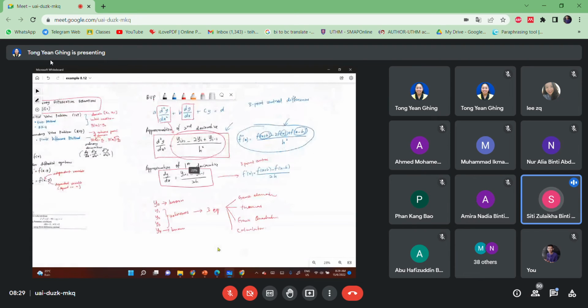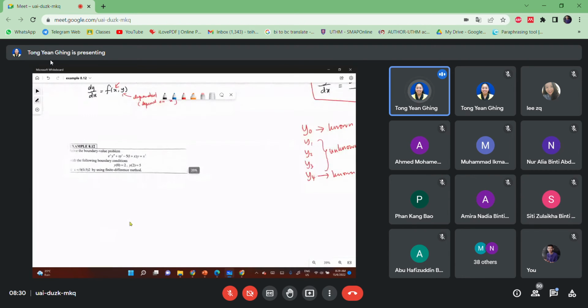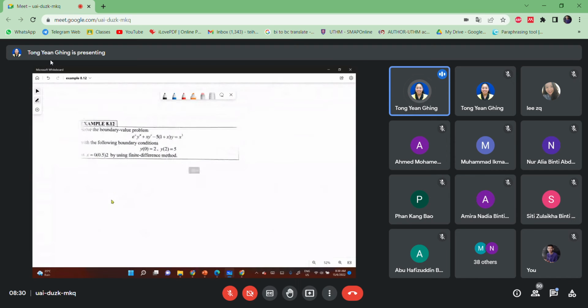Okay, now we go to example 8.12. If you have the book, you can refer to page 188.